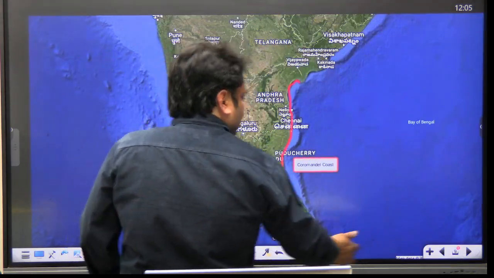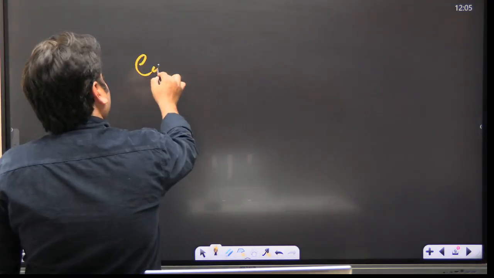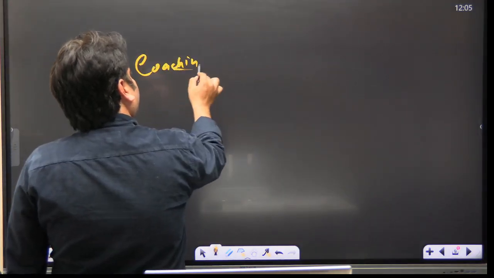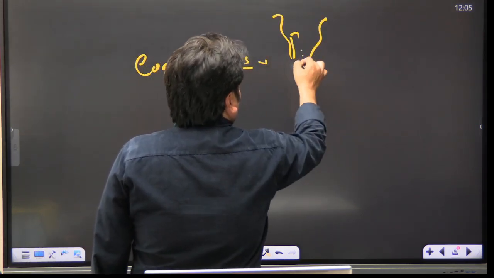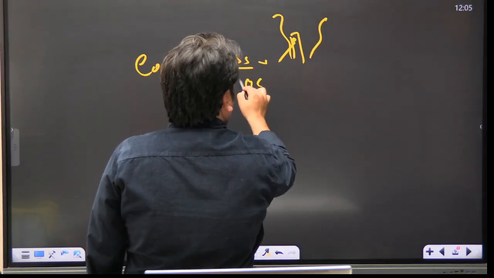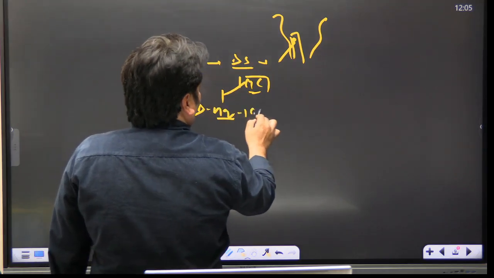This is the most important Dutch settlement on the Malabar coast, and this is also the Dutch headquarter on the Malabar coast.